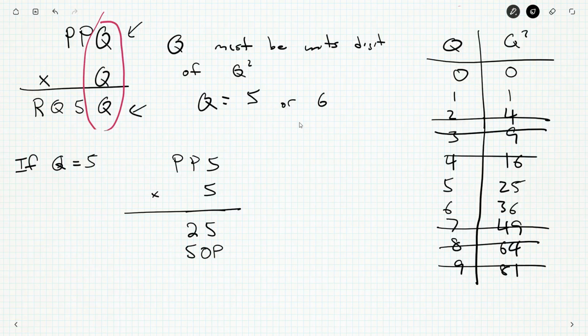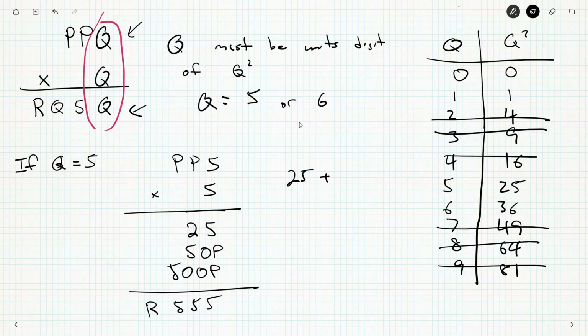And then we'd have 100 times p times 5, so that'd be plus 500p is equal to R55. So that tells me 25 plus 550p is equal to R55.